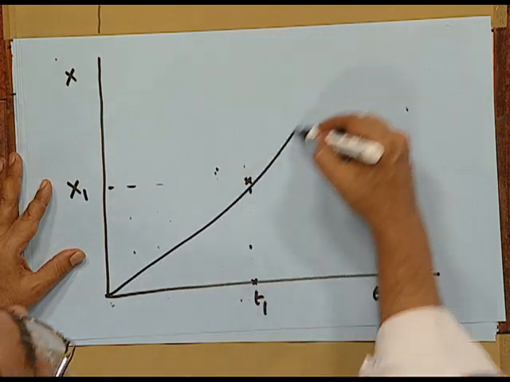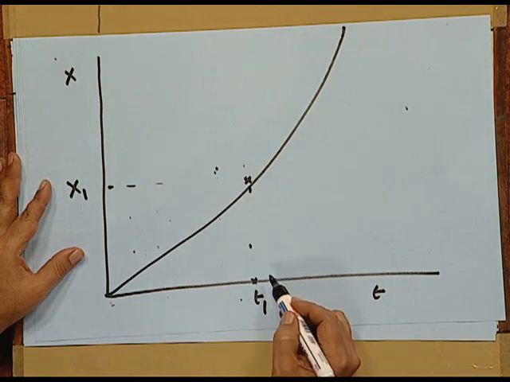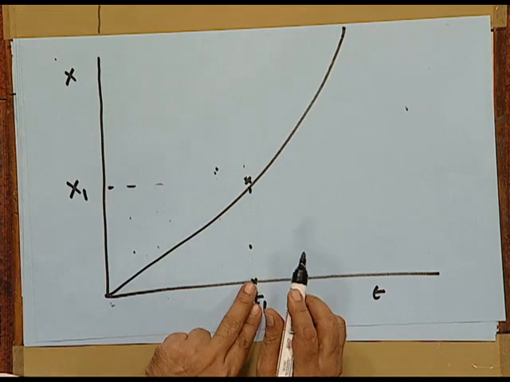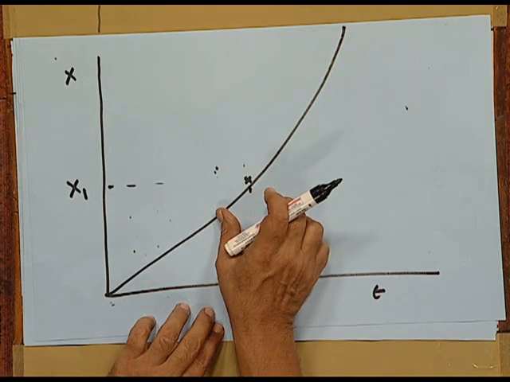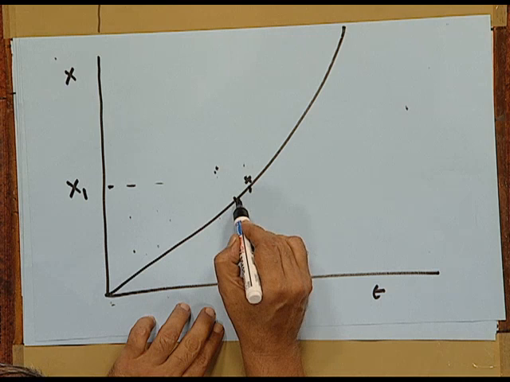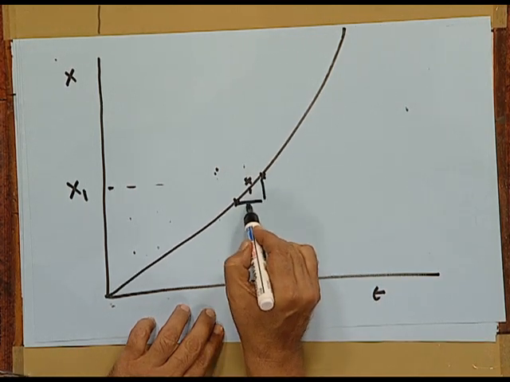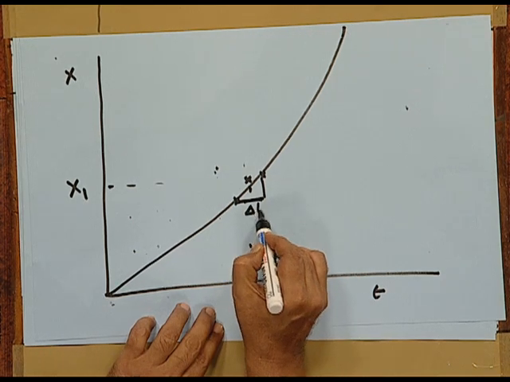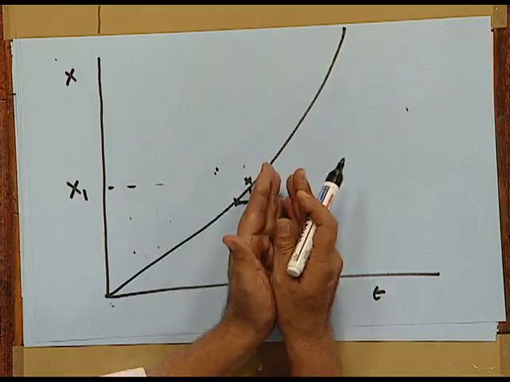Let us look at the variation of the position coordinate of this object, which has been given like this. Let us try to find the average velocity. How do you find it? Let us take a certain interval of time, a little before and a little after t1, that is t1 minus a certain amount of time and t1 plus a certain amount of time.